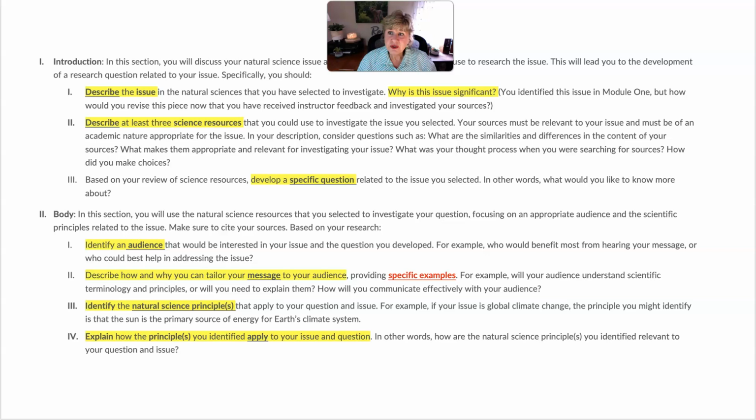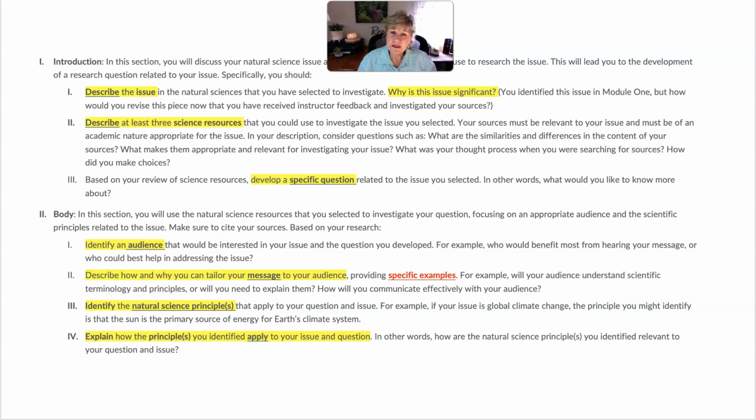If you want to choose a high school class who's interested in environmental science, go for it. If you want to present to a group of medical doctors, fine. The general public, great. Community forum, great. So choose your audience.